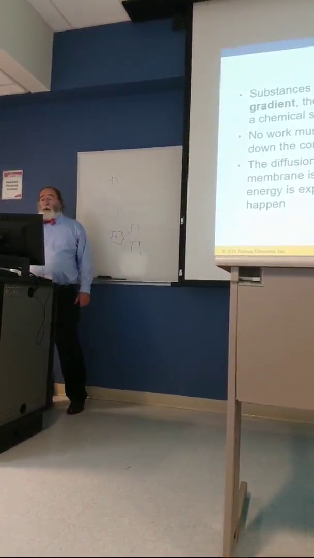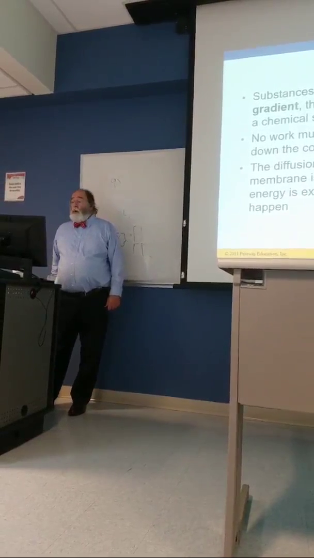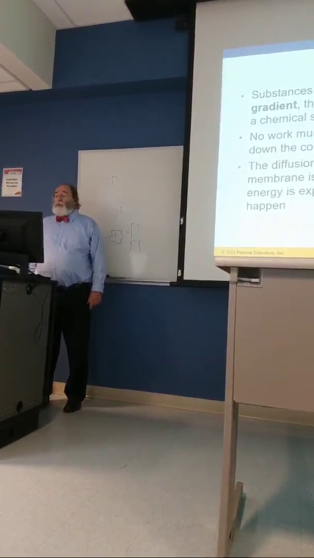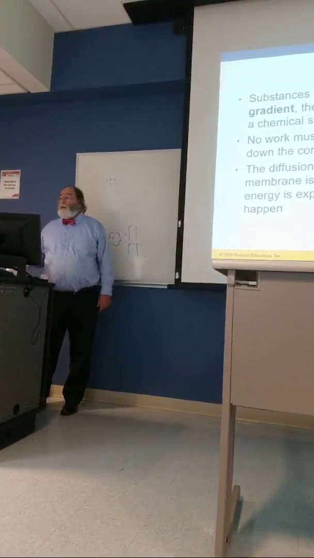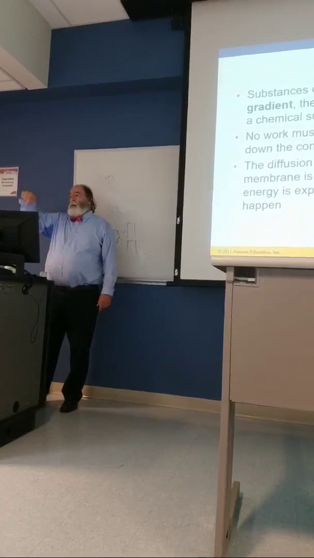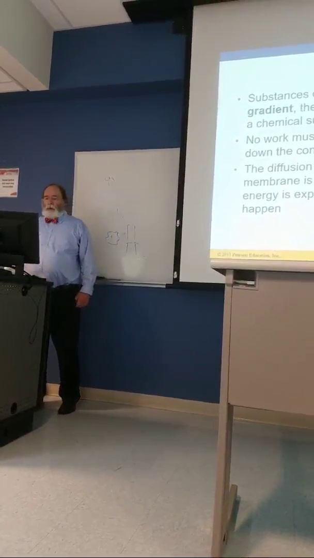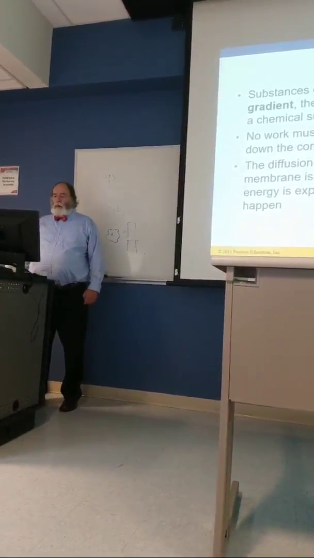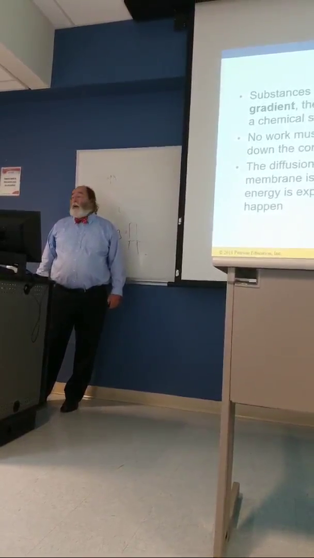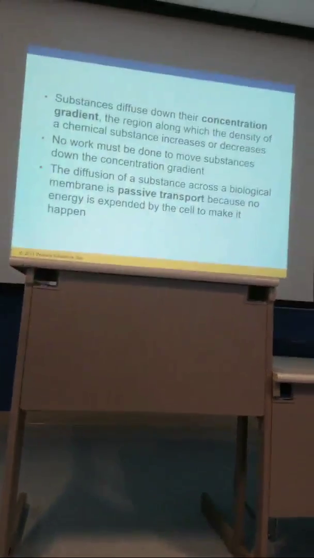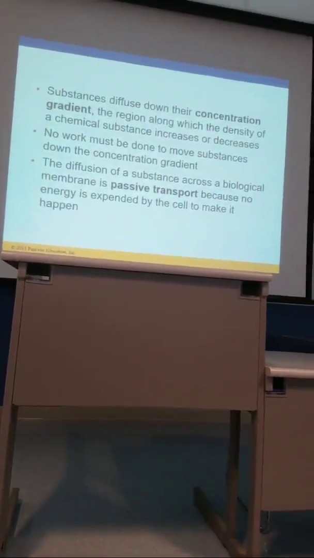And it says the concentration gradient is the region along which the density of a chemical substance increases or decreases. The concentration gradient can go up and increase, or it can go down and decrease. No work must be done to move the substances down this gradient. There is no energy being added to it. It is just what is there naturally.